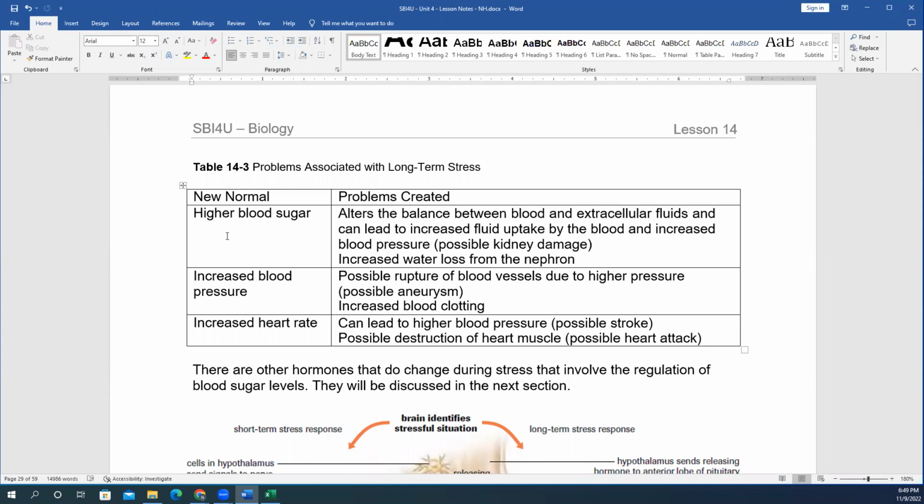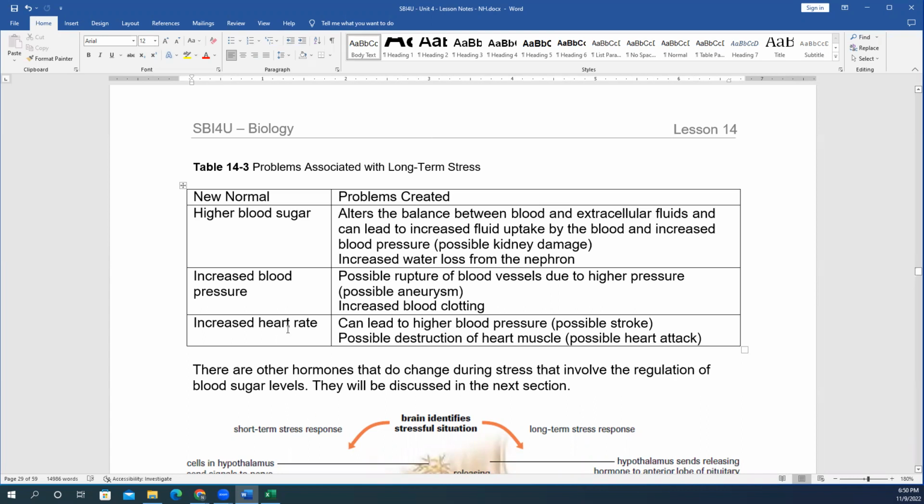And as a result of the kidney damage, increased water loss from the nephrons. If the blood pressure goes very high, it can lead to ruptures of blood vessels, and also lead to increased blood clotting. So again, all of these can be quite dangerous in the body.